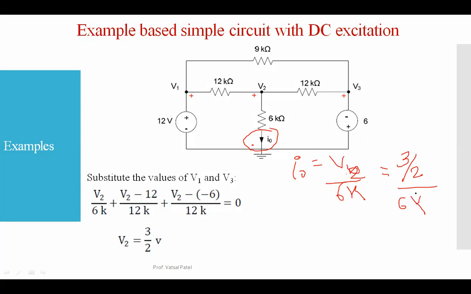So, can you identify what is the value of current here, I0? 3 by 2 divided by 6 kilo ohm, so it is 1 divided by 4 kilo ohm. Yes, it is exactly 0.25 milliampere.